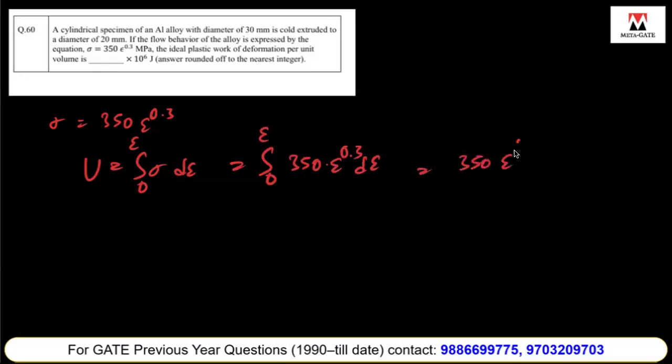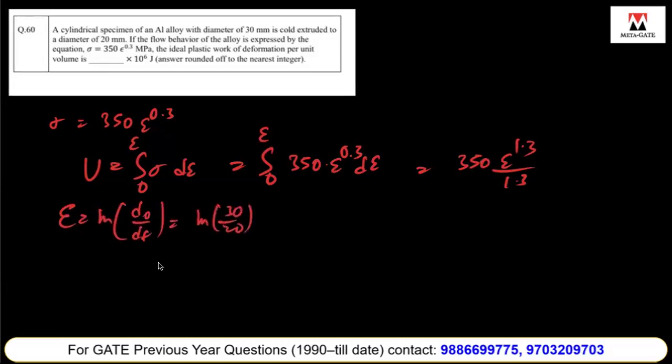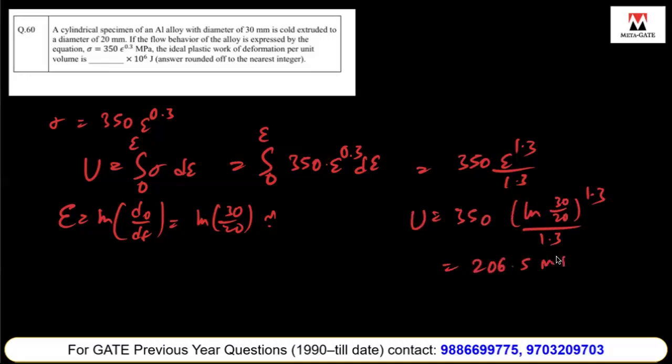It's 350 into epsilon power 1.3 by 1.3. Now, you know epsilon is equal to ln d naught by df, which is equal to ln 30 by 20. So now if you put it, U is equal to 350 into ln 30 by 20 power 1.3 by 1.3. This is equal to 206.5 megajoules.